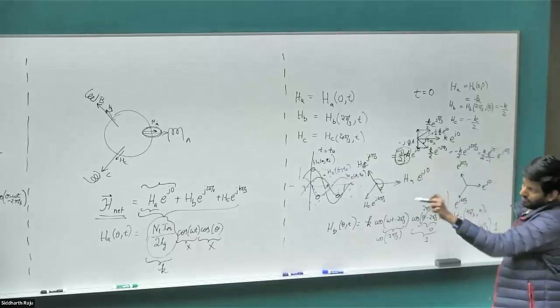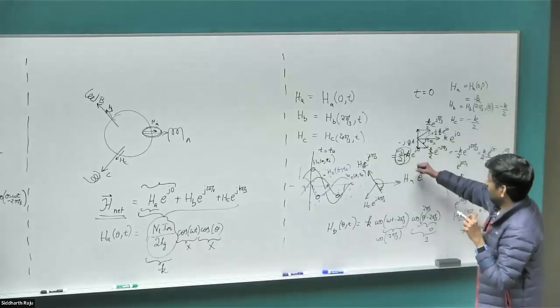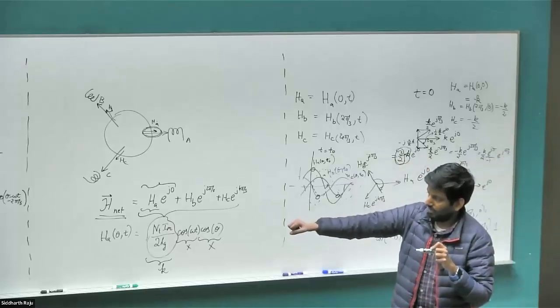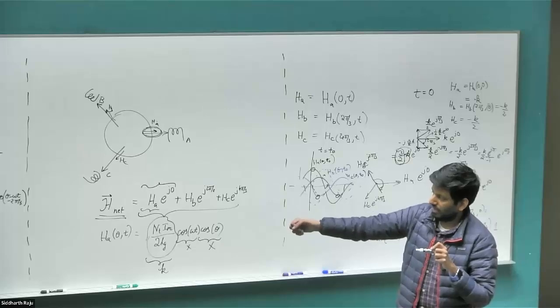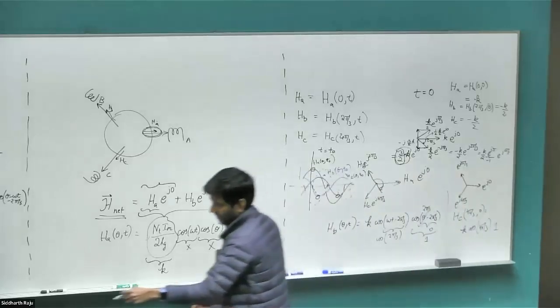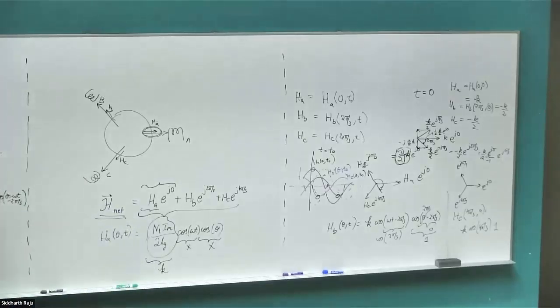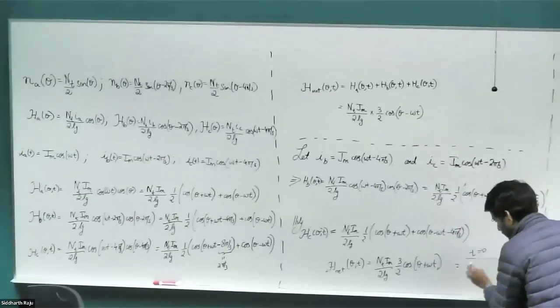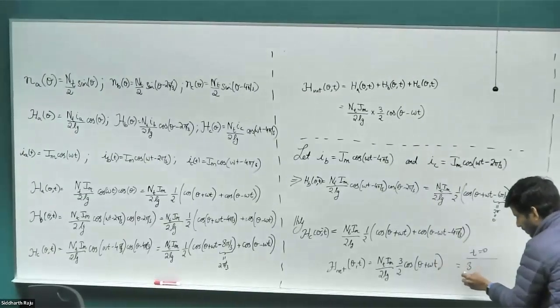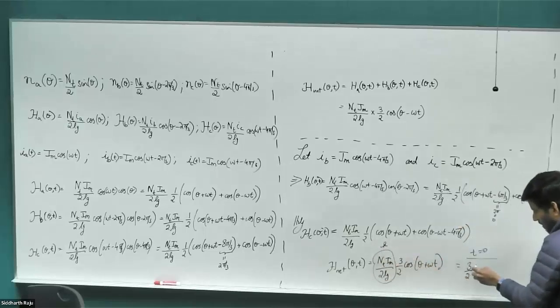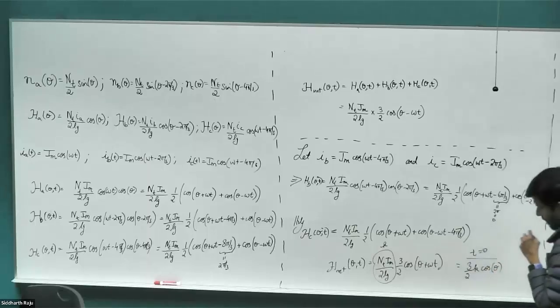And if you plug into the H net expression, time t equal to 0, your H net expression would have been 3 by 2 times k times cos of theta right here. So at time t equal to 0, this expression would have resolved to, so I'm calling this the term k for simplicity, 3 by 2 times k times cos of theta.